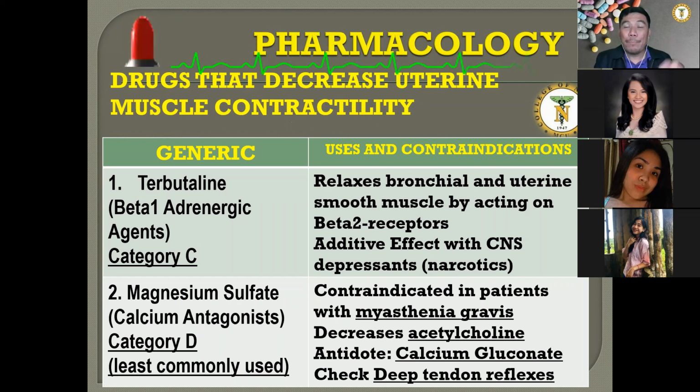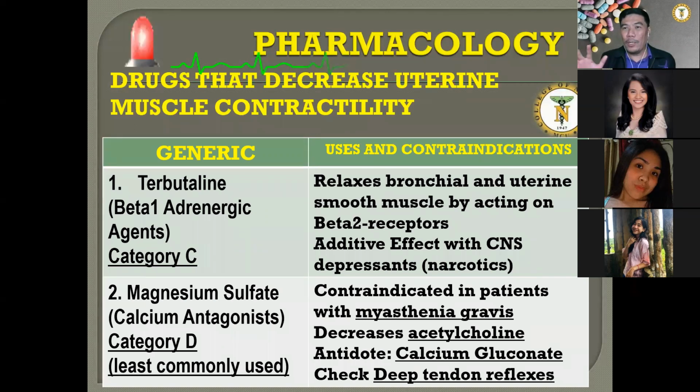This is the difference: beta-1 is identified with the heart, beta-2 is identified with the respiratory system. Beta-1 adrenergic receptor activation will increase contraction, while beta-2 adrenergic activation will open the bronchial muscle for airway passages. So this may also help the mother have good respiratory function. Other than that, it relaxes the bronchial smooth muscle, and at the same time it relaxes the uterine smooth muscle.